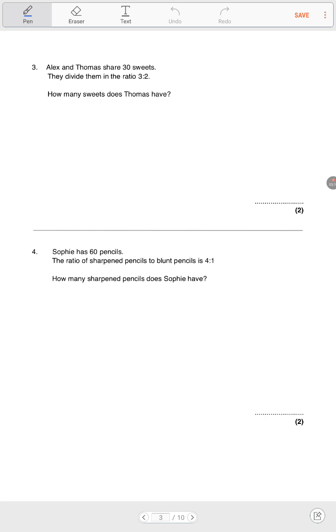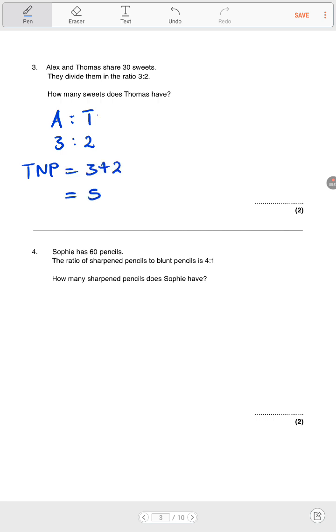Let's see what else we have on this question paper. Number 3 says, Alex and Thomas share 30 sweets. They divide them in the ratio 3:2. How many sweets does Thomas have? So it's Alex is to Thomas, and the ratio is 3:2, and the total number of parts is 3 plus 2, and you get 5.